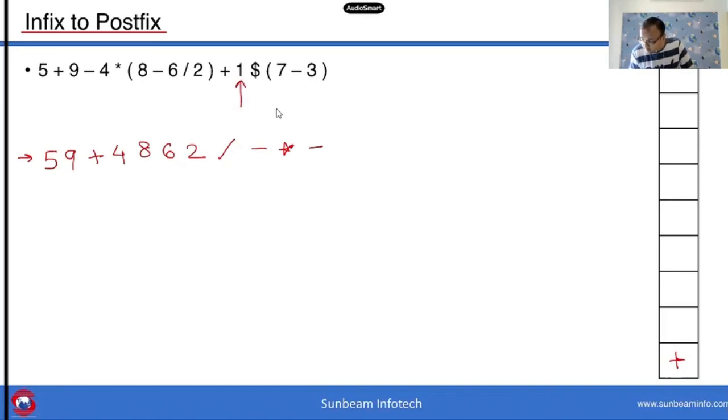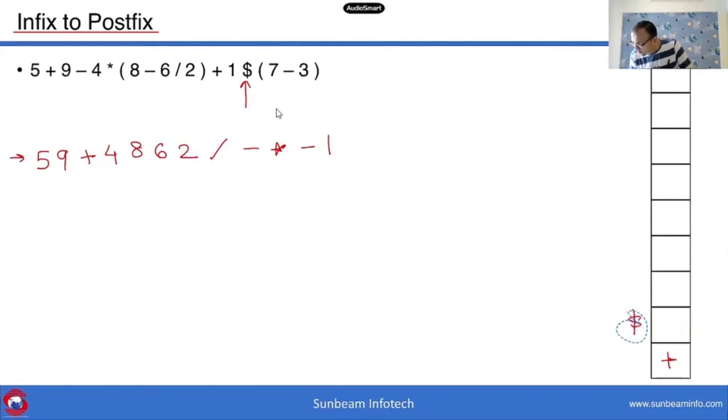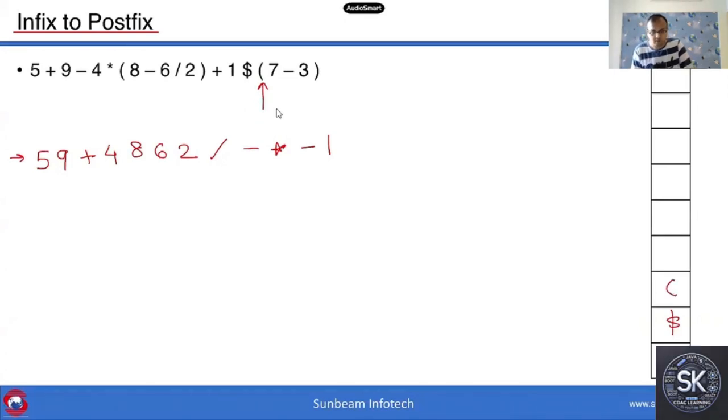We have got a 1. You put it there. Next, the next one we got is dollar. Dollar, put it onto the stack, right? You continue further. Parenthesis, sub expression begins. Put it directly, not to worry.